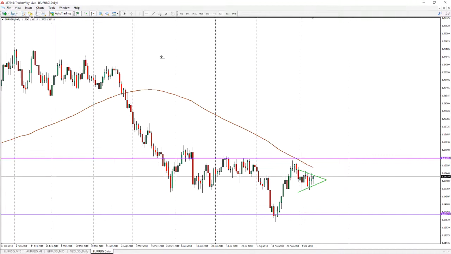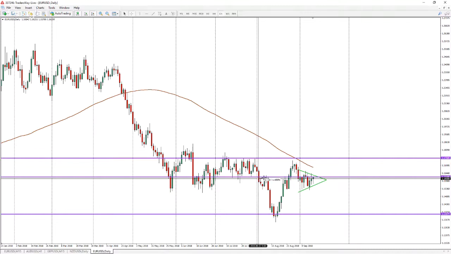If we look at the last time it was in a little range, look how long this range was. It was in here for 1, 2, 3, 4, 5, 6, 7, 8, 9, 10, 11, 12, 13, 14, 15, 16, 17, 18, 19, 20, 21, 22, 23, 24. When it finally broke, it pushed back up, and then moved to the downside.